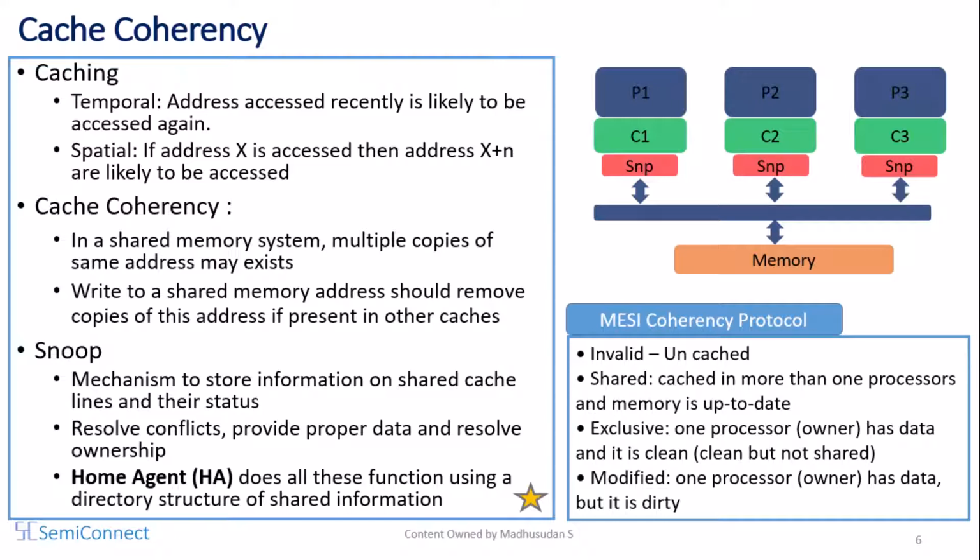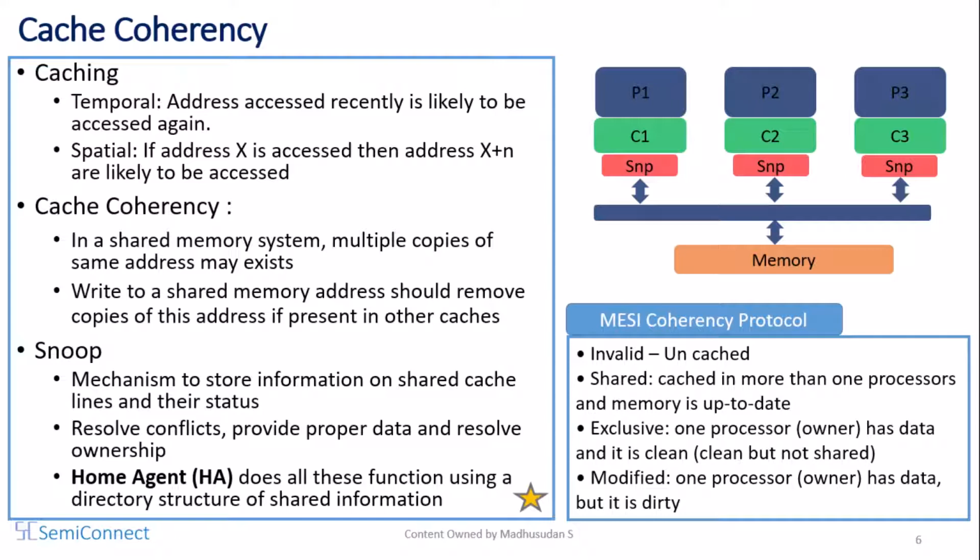Say if the processor P1 writes into address X, then when the processor P2 reads that address X, it has no way to know that address X actually has been modified by P1 when it wrote into that address, right? So this creates a problem, because the data corresponding to those addresses are not coherent in the cache C1 and C2.